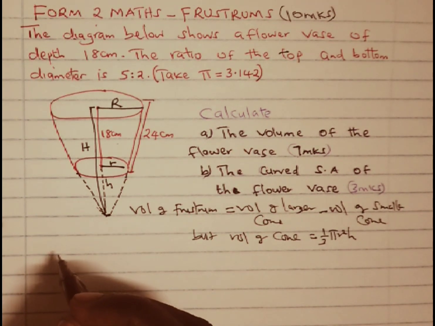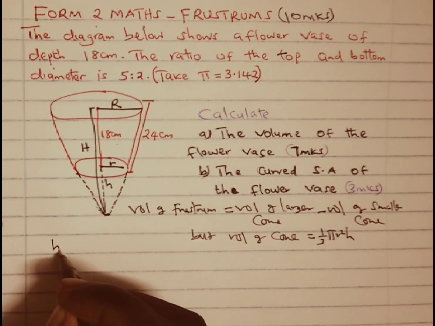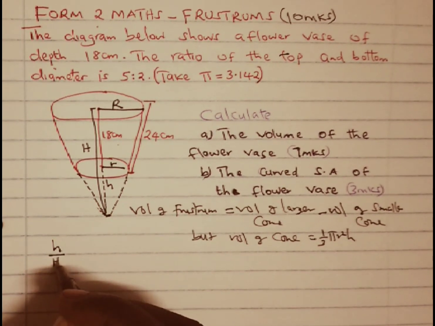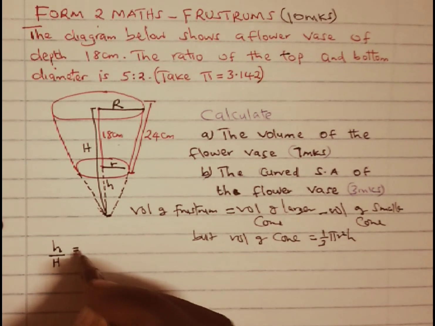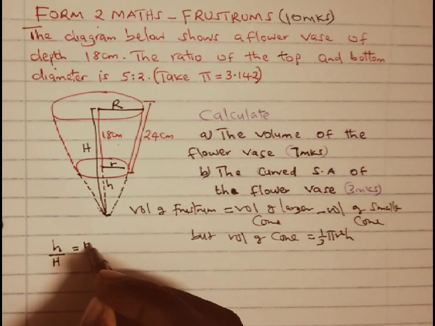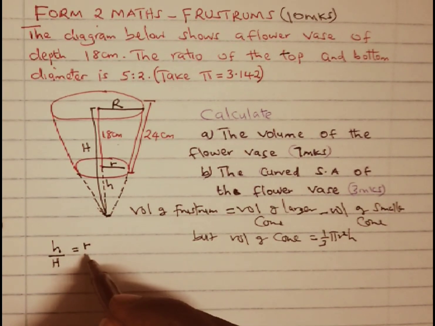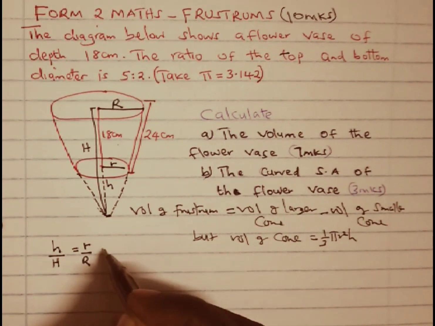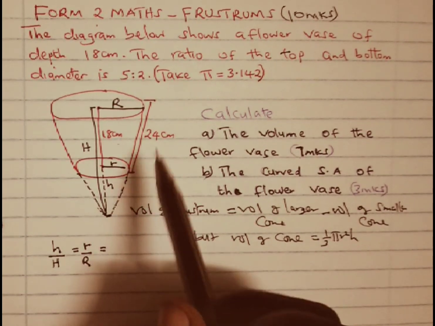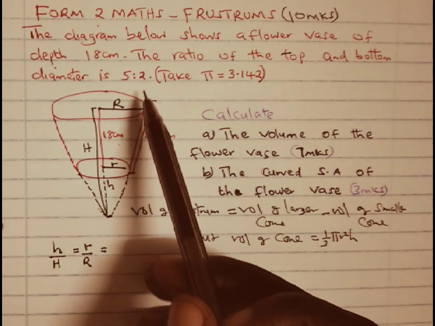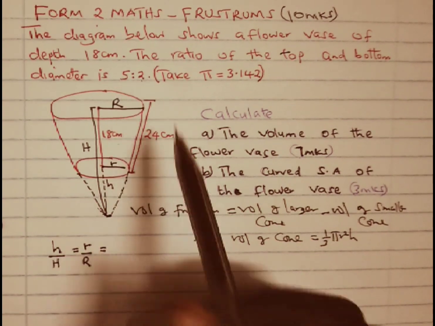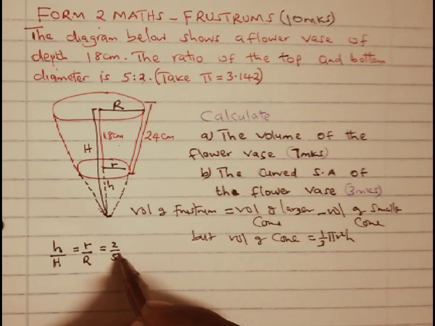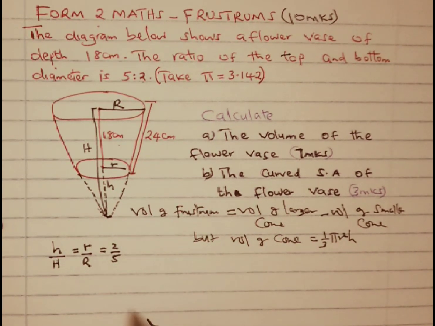Using similarity and enlargement, the height of the smaller cone divided by the height of the larger cone must equal the radius of the smaller cone divided by the radius of the larger cone, and that must also equal the ratio of the bottom to the top, which is 2 out of 5.